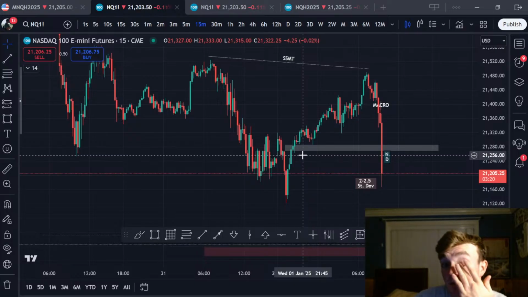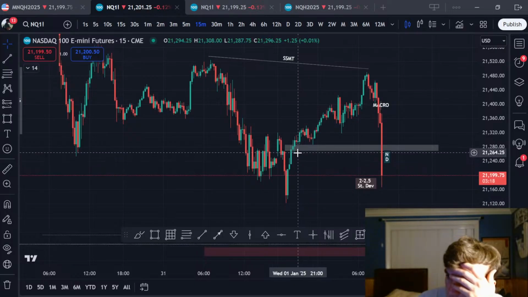I really don't have that good of a model framed though, which is kind of frustrating.